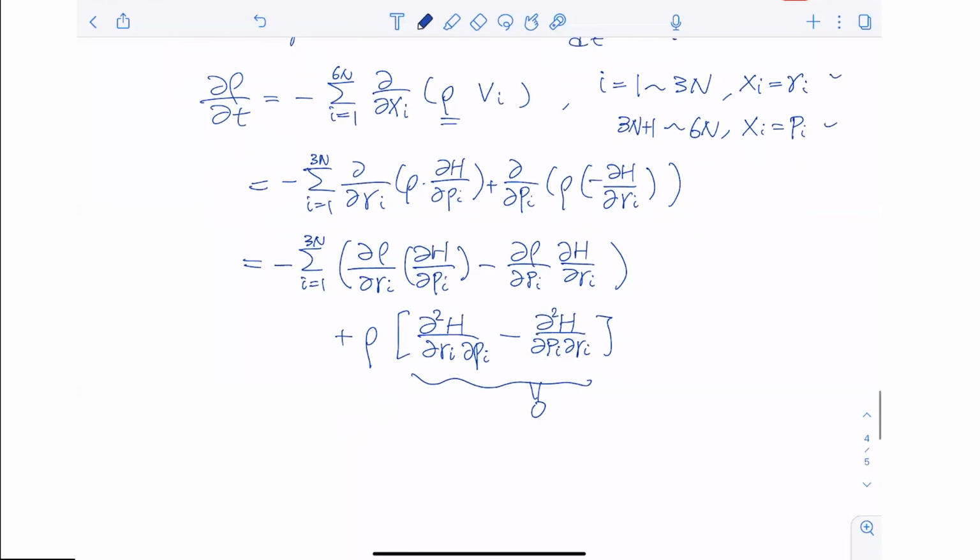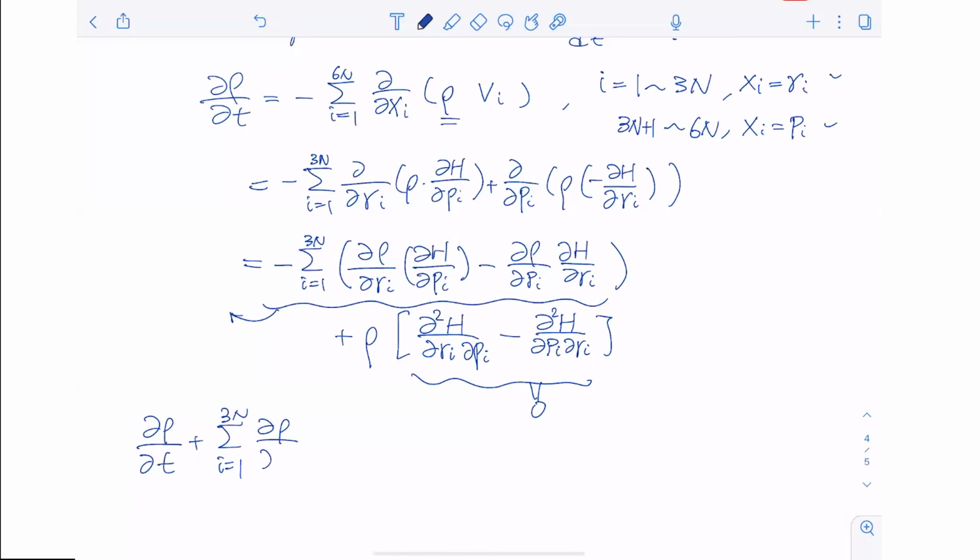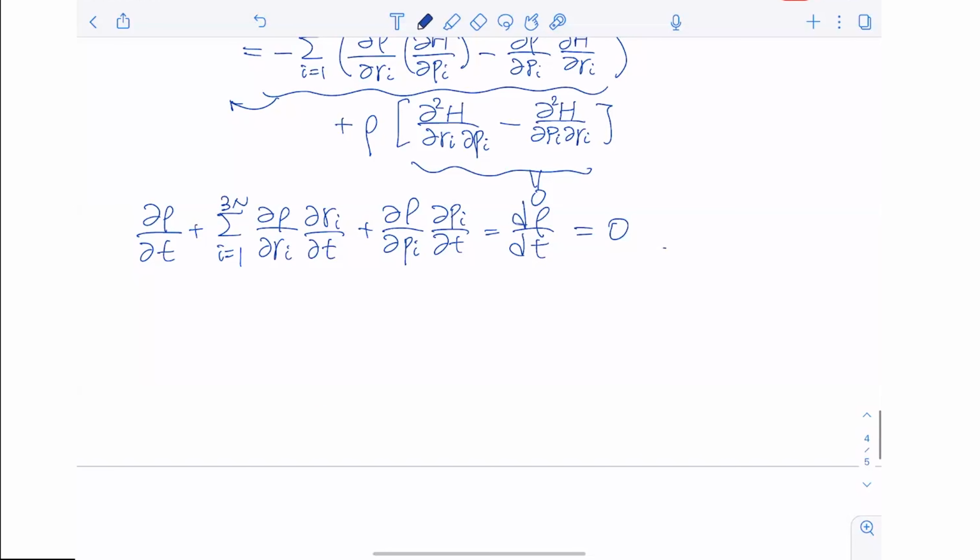So eventually, if you shift this term to the left-hand side, let me just finish this line, and you'll see why this thing is equivalent to the total derivative of your density, and it will be 0.